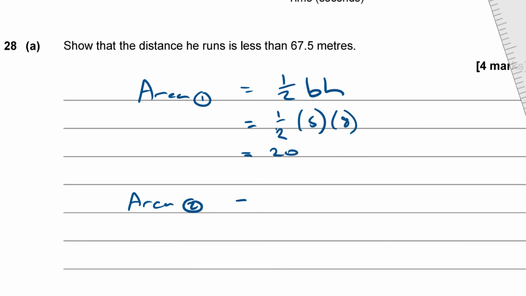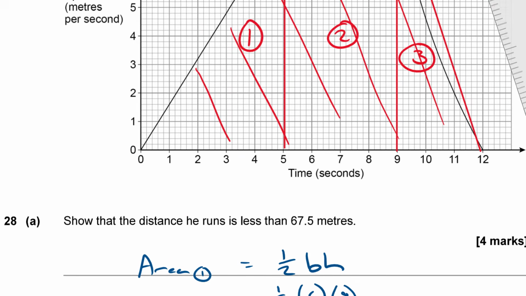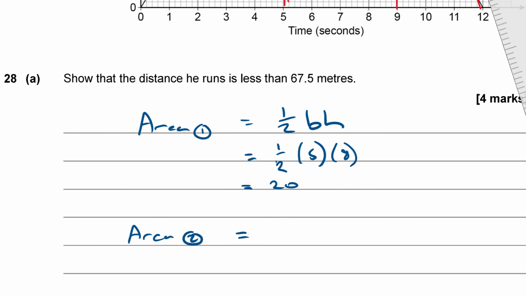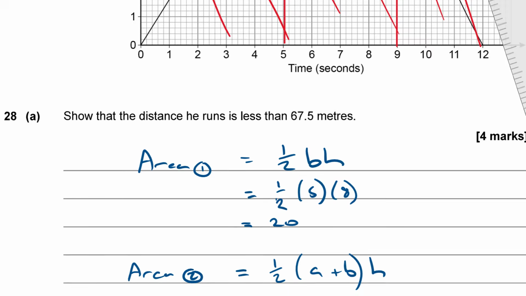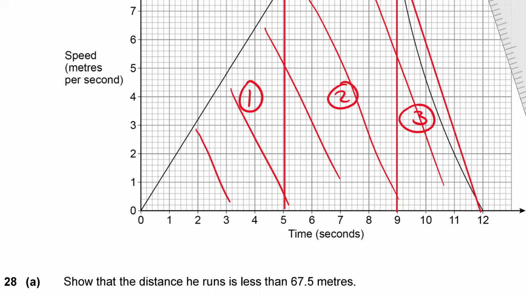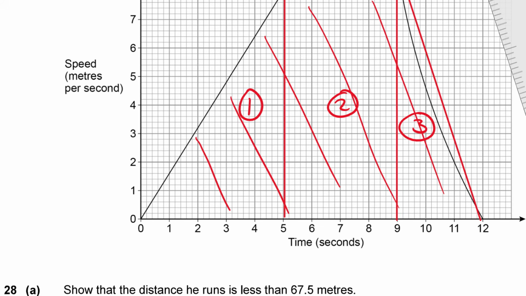Second section, area 2. Now that is a trapezium. So the formula for the area of a trapezium is half a plus b times h, where a and b are the 2 parallel sides and h is the distance between them. So my a value then is from here to here, isn't it?